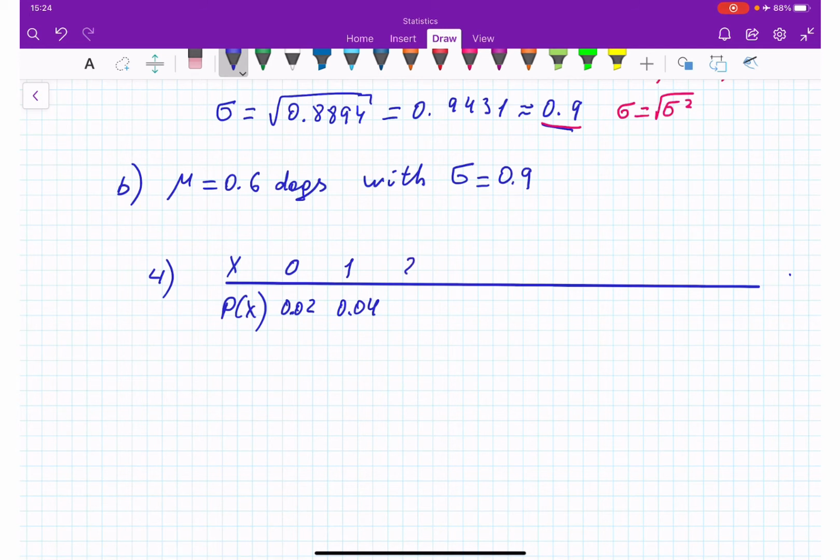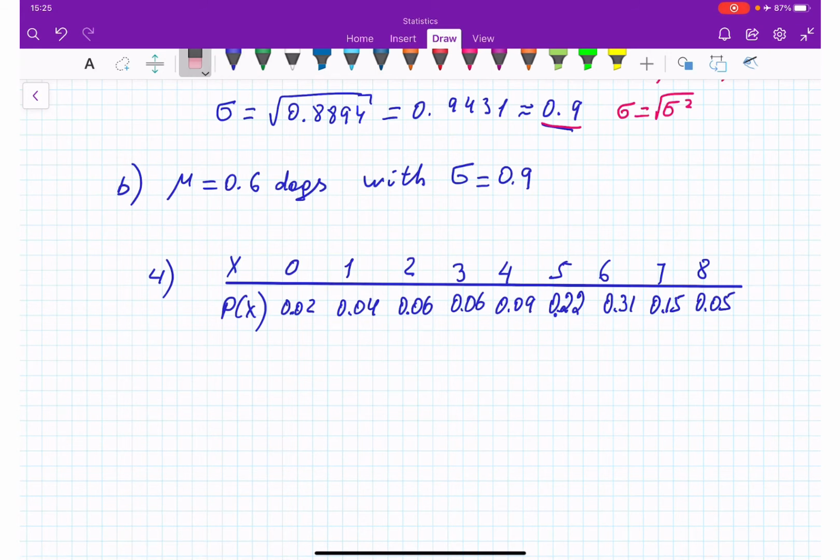Let me write this down. 2 questions, 0.06. 3 questions, 0.06. 4 questions, 0.09. 5 questions, 0.22. 6 questions, 0.31. 7 questions, 0.15. 8 questions, 0.05.